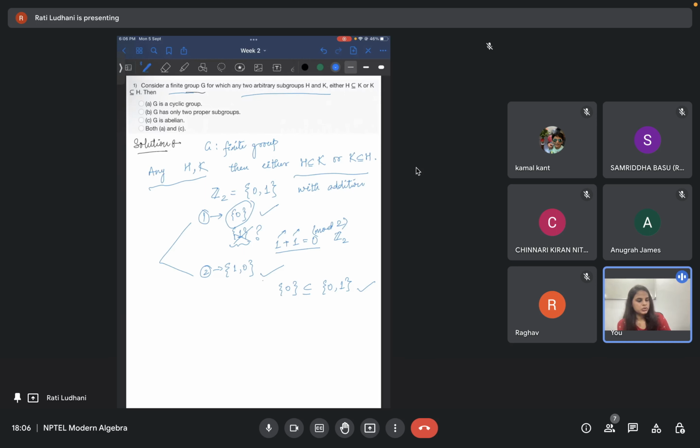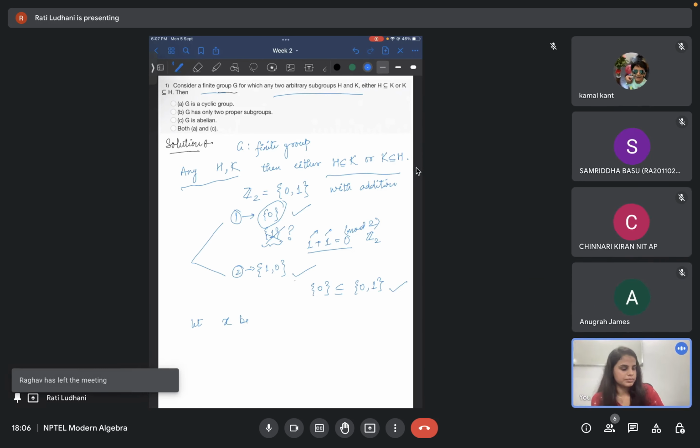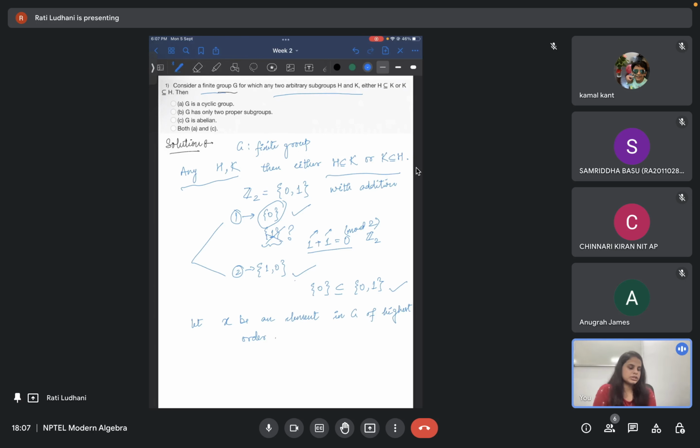Okay, to prove this we need to find out what G is. Let X be an element in G of highest order. I hope you know what an order is, which we discussed last time also.